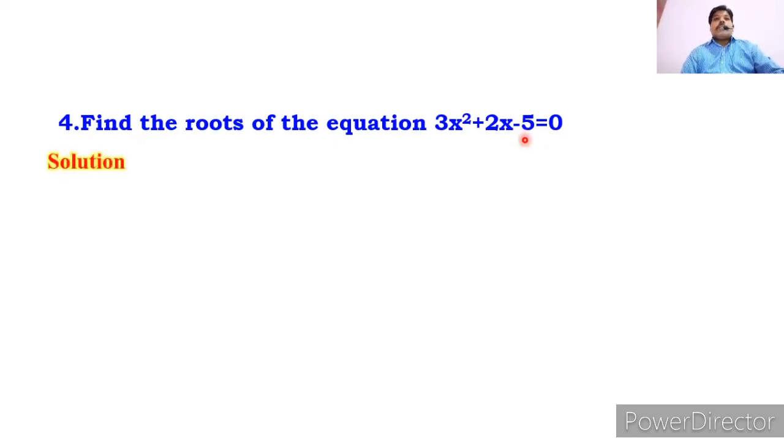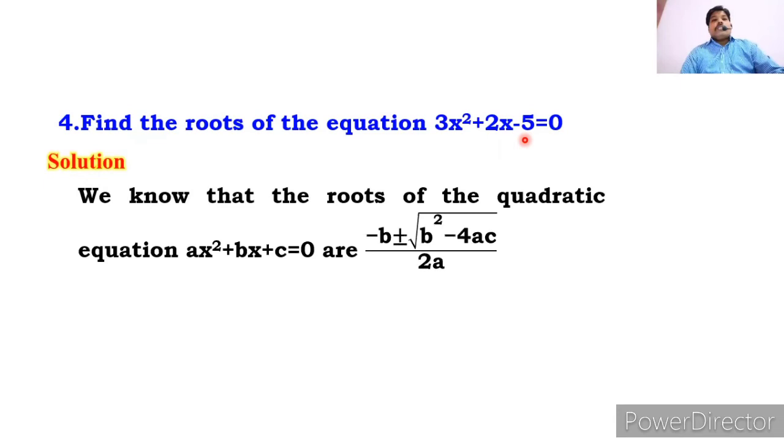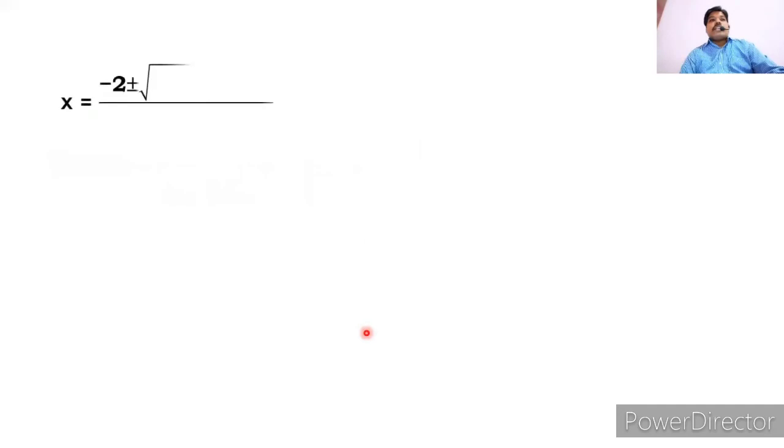So here, by taking these values, you already know the formula. We know the roots of the quadratic equation ax square plus bx plus c are minus b plus or minus square root of b square minus 4ac by 2a. Here the a value is 3, the b value is 2 and the c value is minus 5. After taking these values, just substitute them in the given formula.